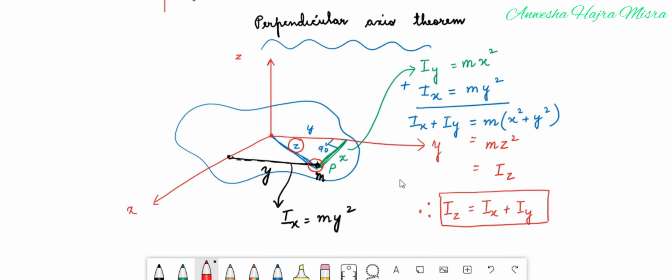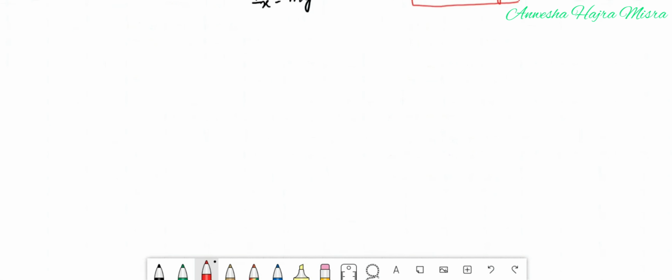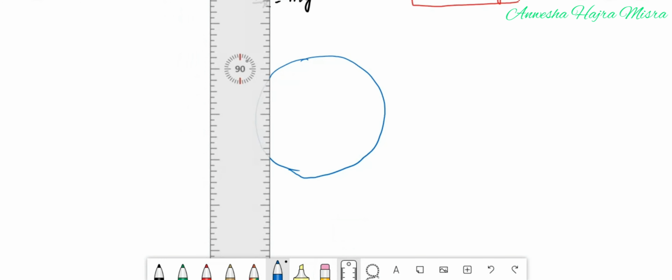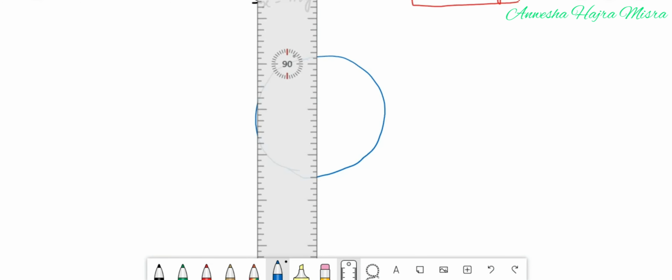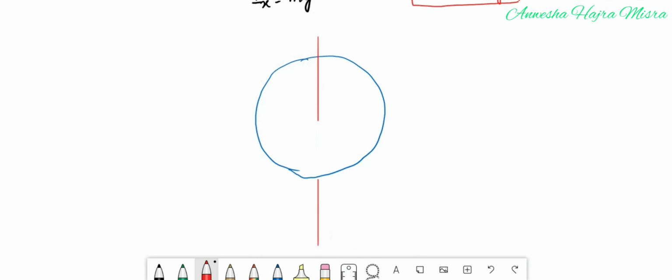Now let us go back to the sum of the disk. Now we had a disk. The moment of inertia of the disk about this axis Iz was mr square by 2.